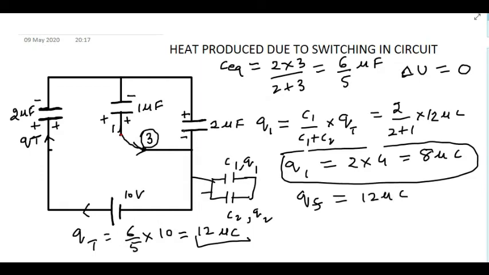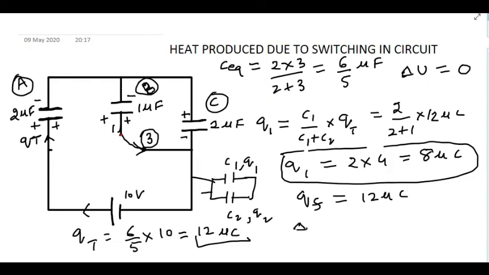Now what is the change in charge associated with each capacitor? I will write the total change. I am taking this first one as A, the second one as B, and this one is the C capacitor. So what is the change associated with capacitor A?